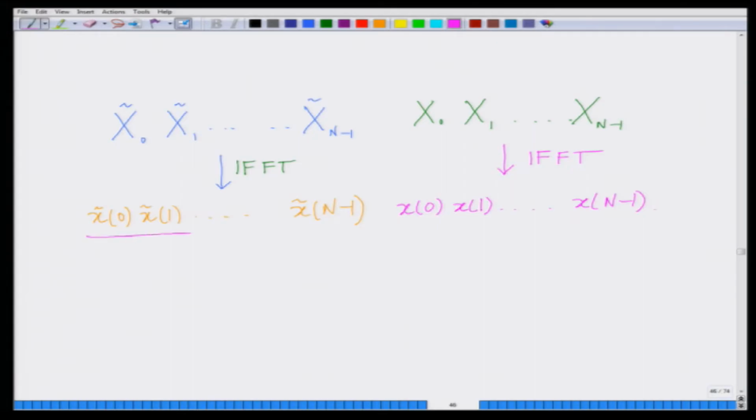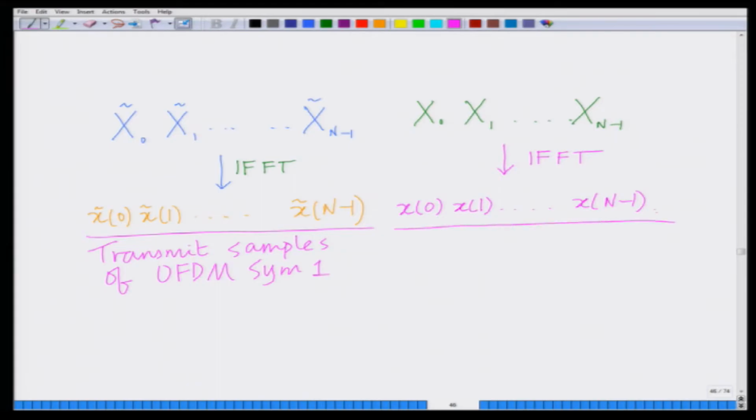So, these are the transmitted samples corresponding to the first OFDM symbol, and these are the transmit samples of OFDM symbol 2.